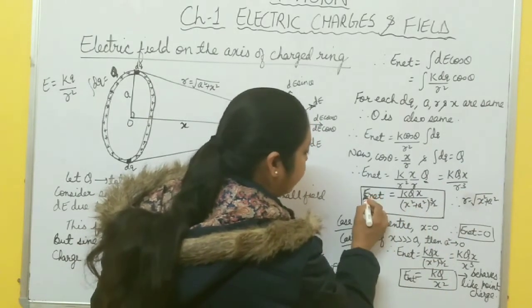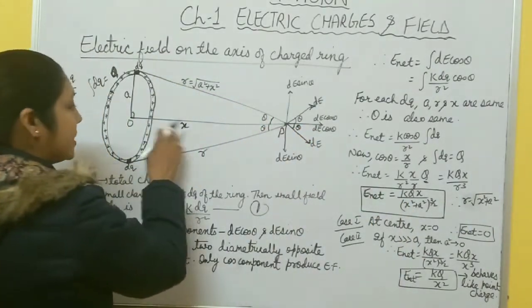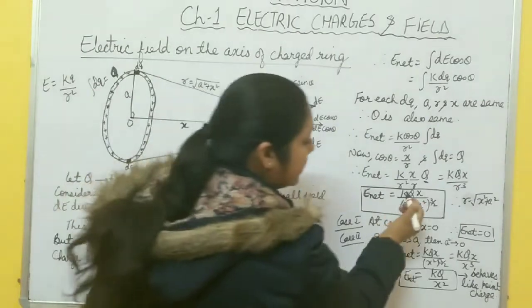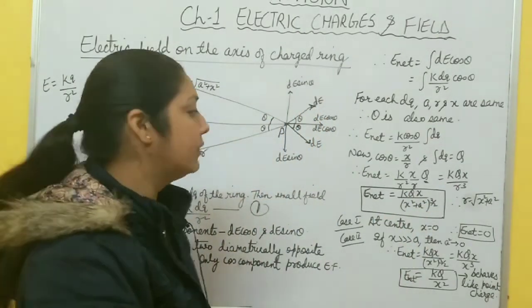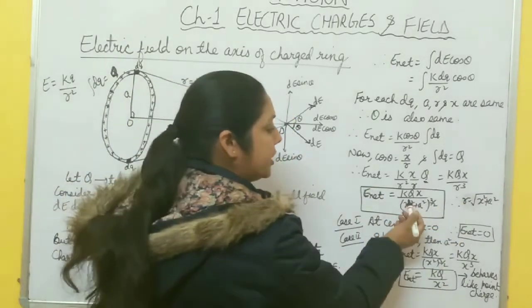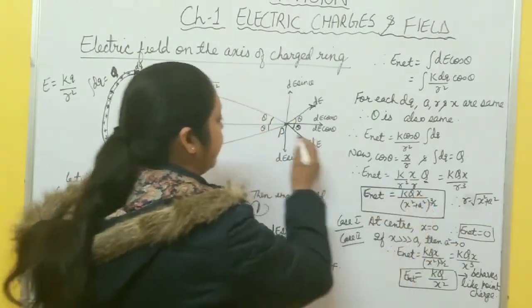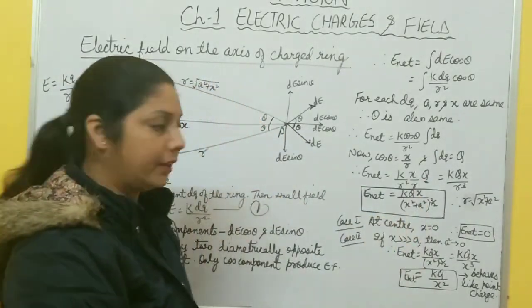So the net electric field on the axis of a charged ring at a distance x from the center is kqx by x square plus a square to the power 3 by 2. This is the final expression, right? Q is the total charge, x is the distance at which the field is to be determined, and a is the radius of the ring.